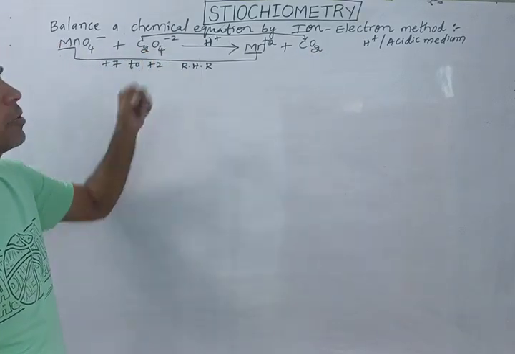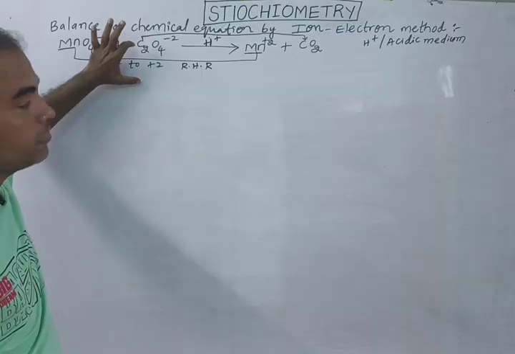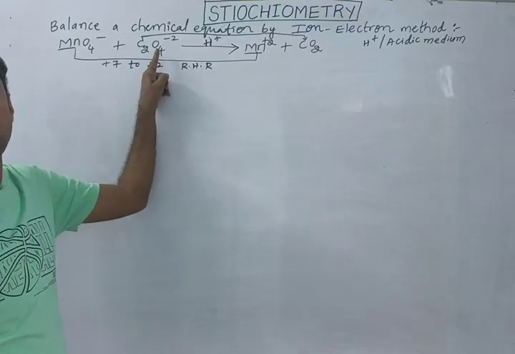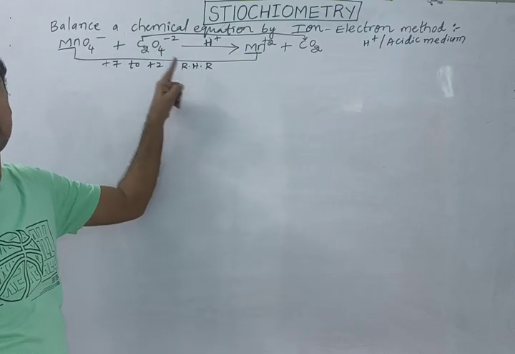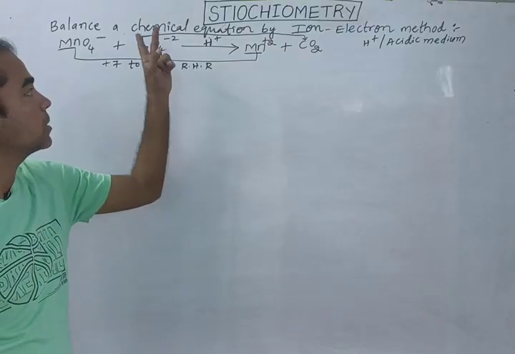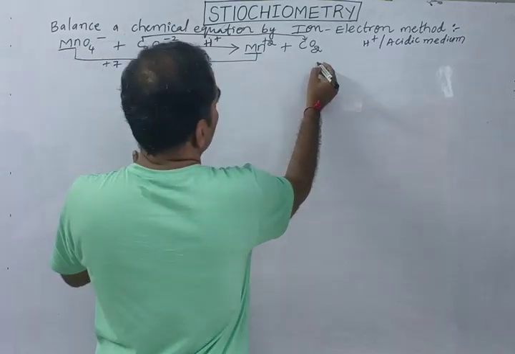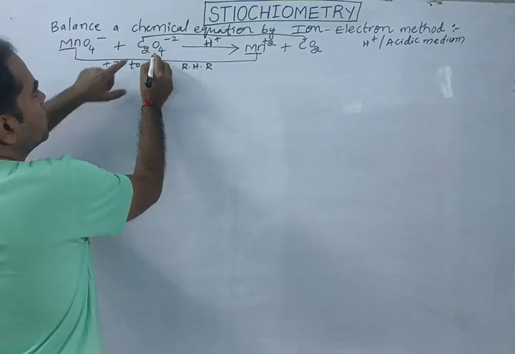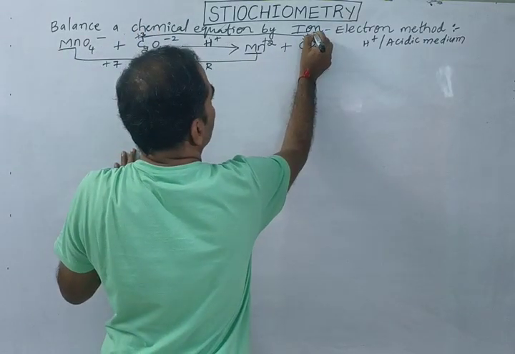Whereas in C2O4 2 minus, a charged species, with 2 carbons: 2x plus 4 into minus 2, so 2x minus 8 equals minus 2, 2x equals 6, x equals 3. Here 3 to 4 means the oxidation number of carbon increases, from C2O4 2 minus to CO2.